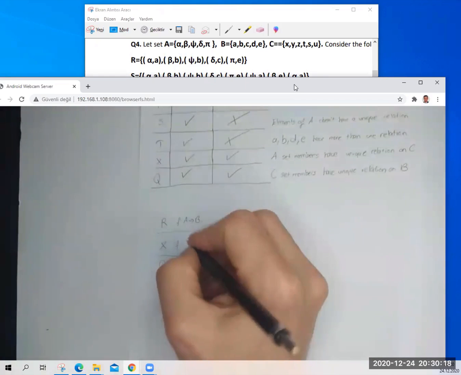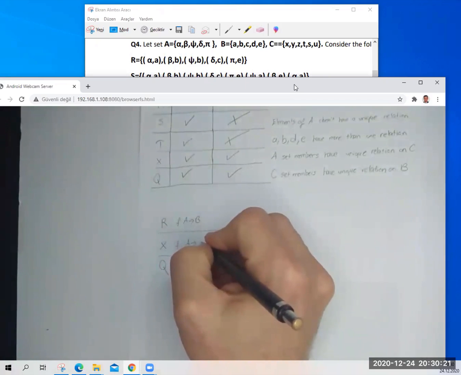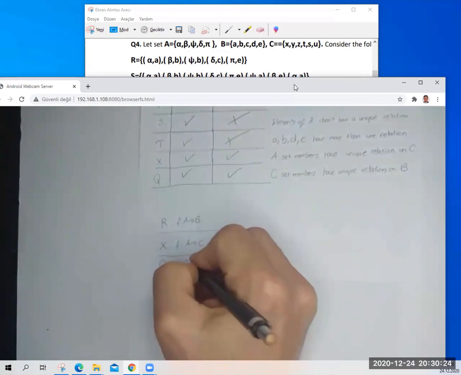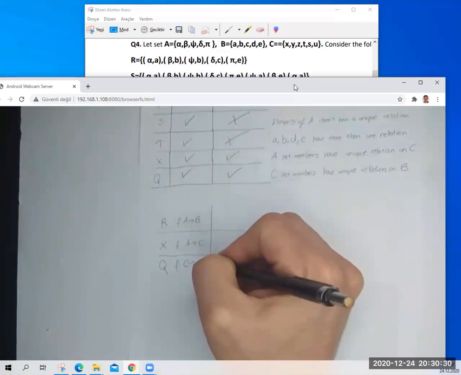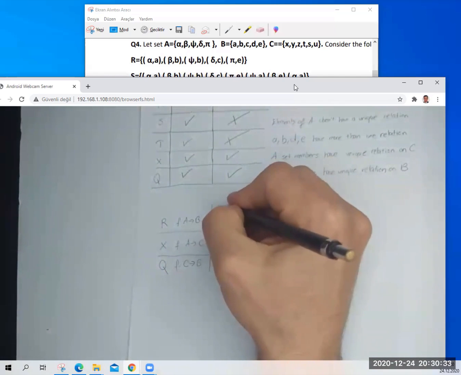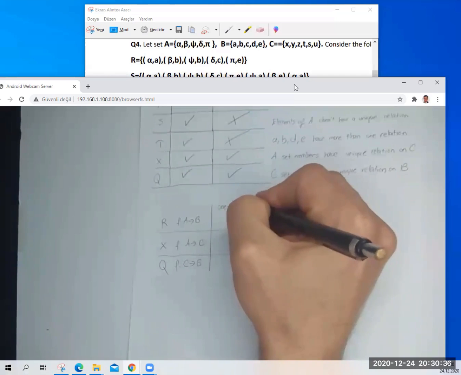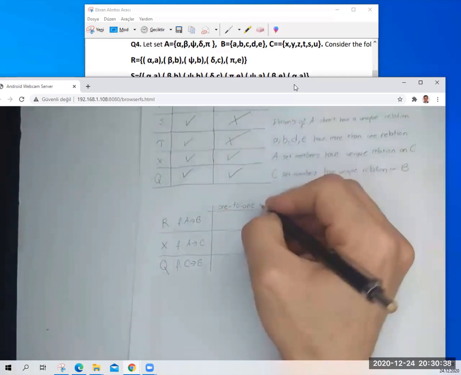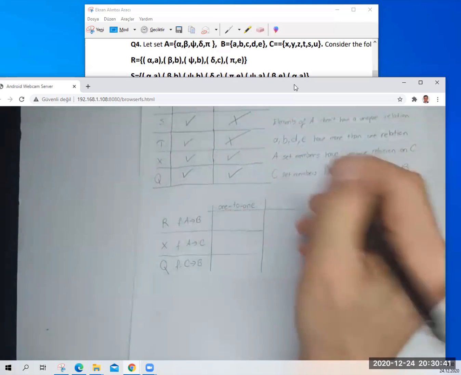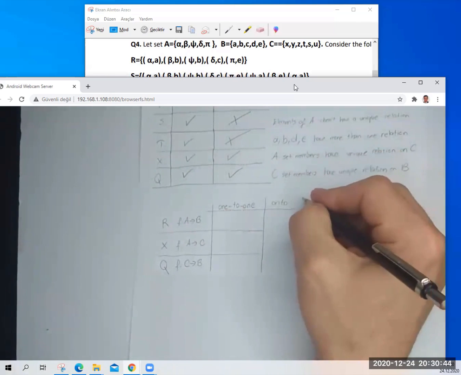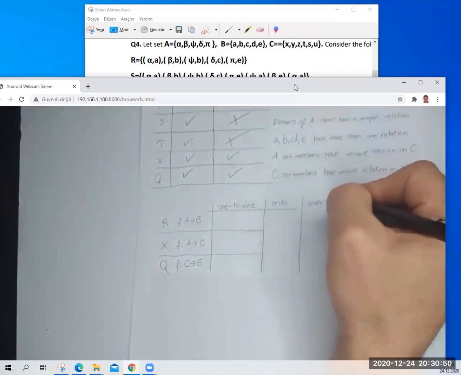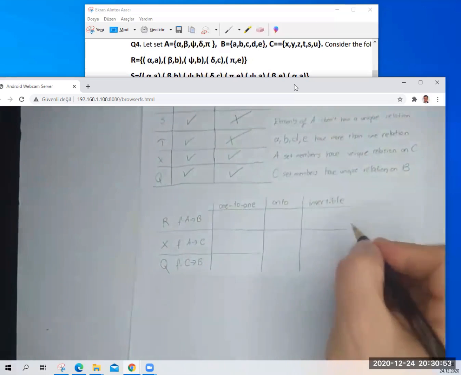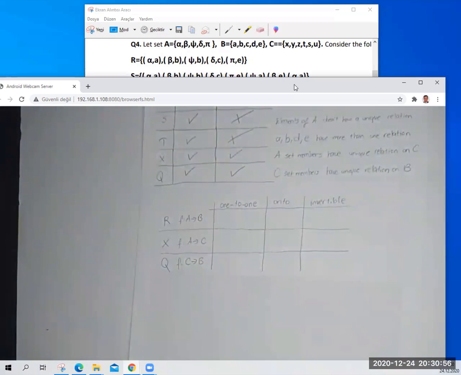This is the function A to C, and this is C to B, and I'm going to look for one-to-one, onto, and the last one is the invertible situation.